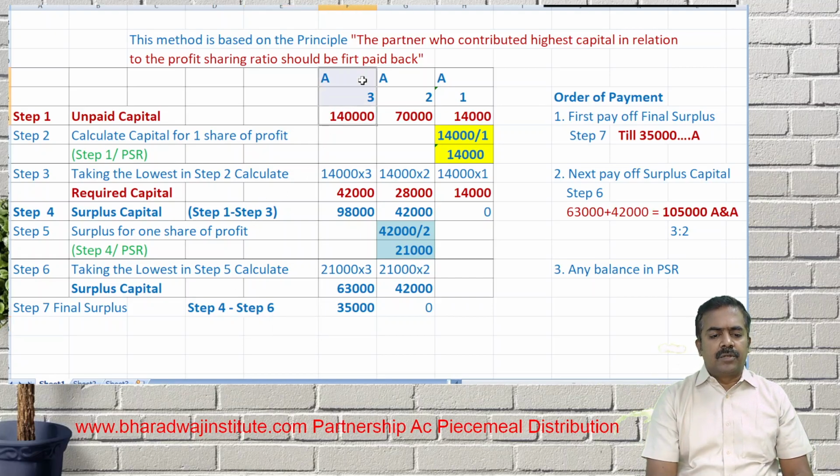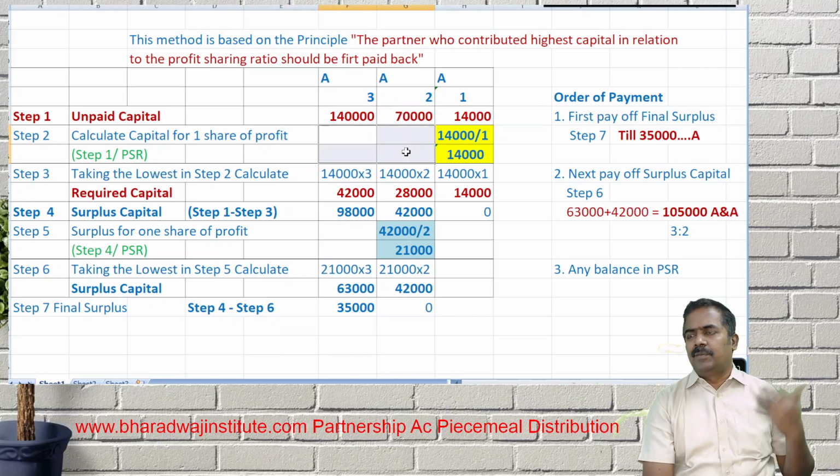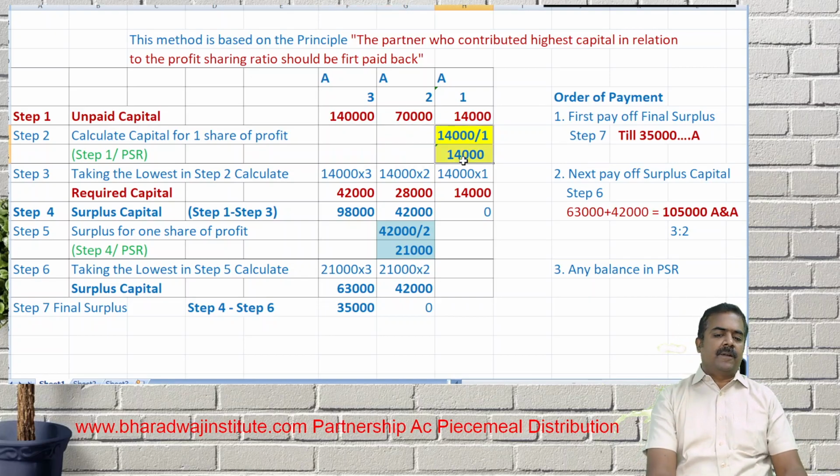The 1,40,000 divided by 3, 70,000 divided by 2, I don't write it here because it is unnecessary for working. We are going to take what? The lowest capital as the base and work out.